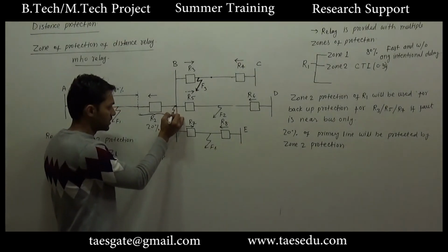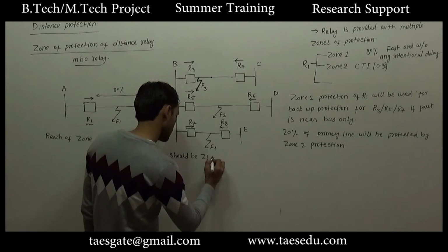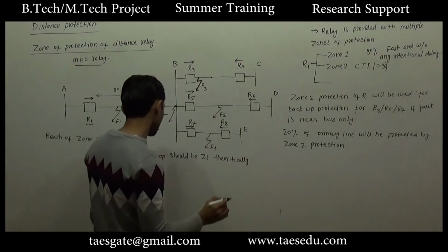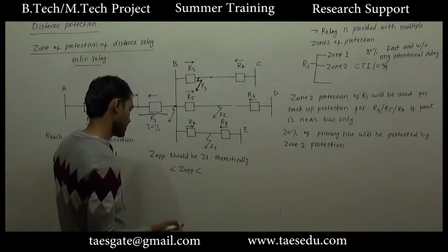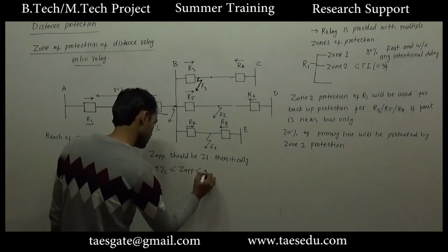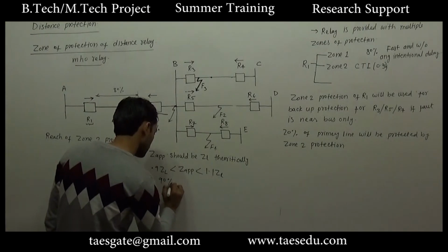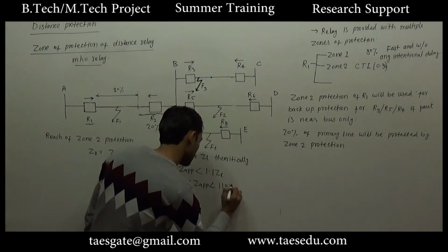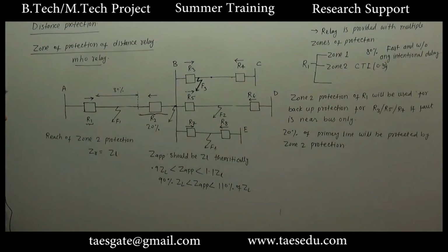Theoretically, if you are at bus B, Z apparent should be Z line theoretically, but practically Z apparent, due to errors, let us consider 5% error or 10% error, will be from 0.9 ZL to 1.1 ZL, that is 90% of ZL to 110% of ZL.